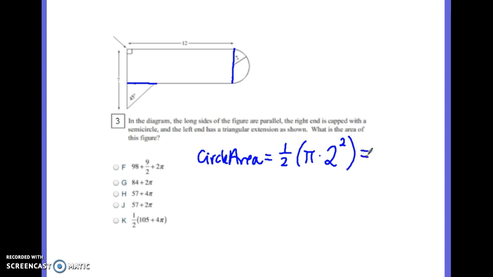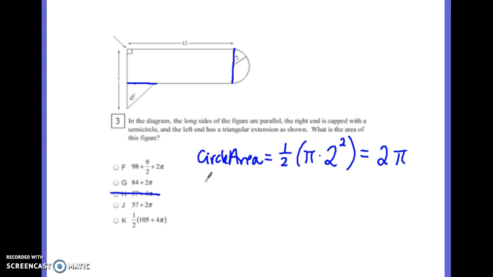And when you crunch those numbers, usually you want to leave pi in your calculations, as you can see by your answer choices, they all have a pi in them. 2 squared is 4, and since you're multiplying half, this would be 2 pi. Now that can help you eliminate an answer choice. You can eliminate answer choice F, answer choice H, as you start to look towards answers.